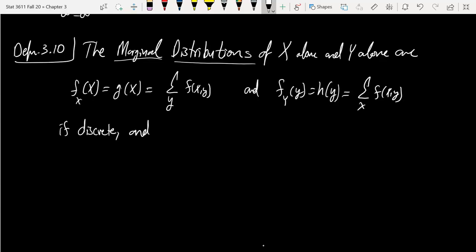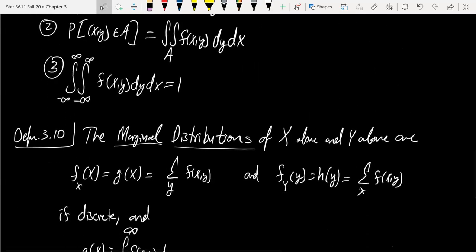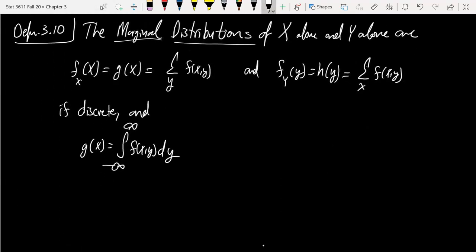In the continuous case, we can get the marginal distribution with respect to x by simply integrating from minus infinity to infinity over all possible y values, okay? And so this is where we're going to see the joint density function show up, is we will probably be doing this integral. Even though it has two variables, we're only integrating with respect to one of those variables.